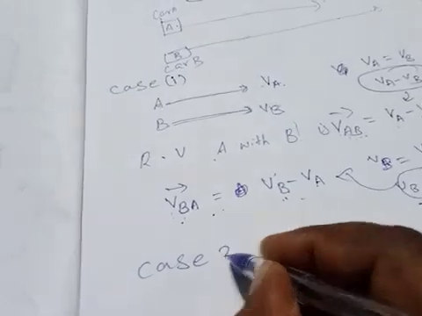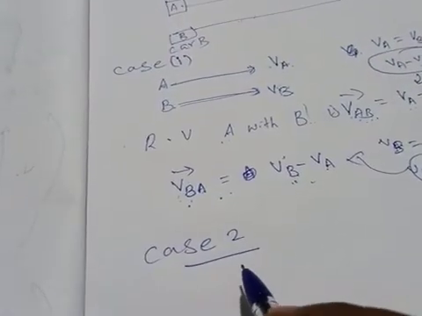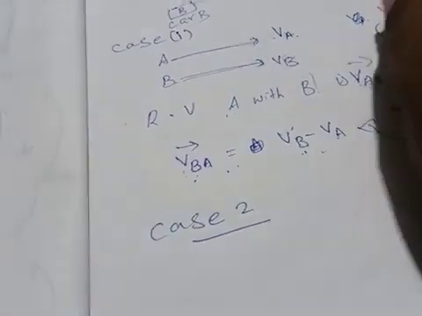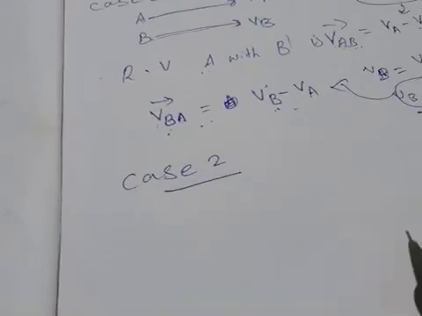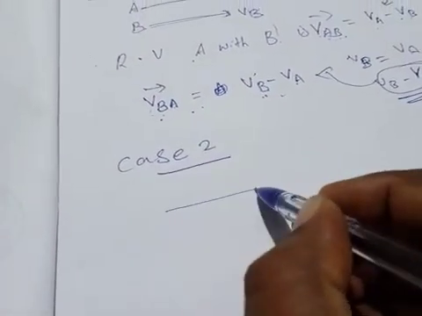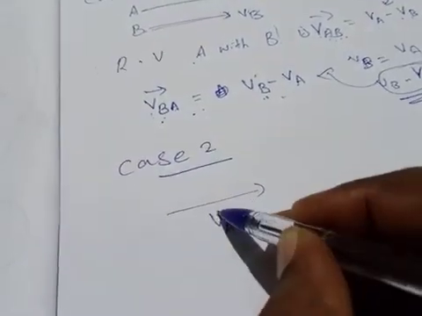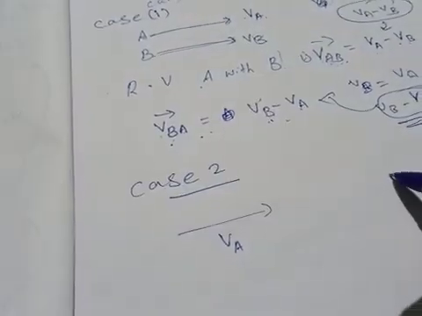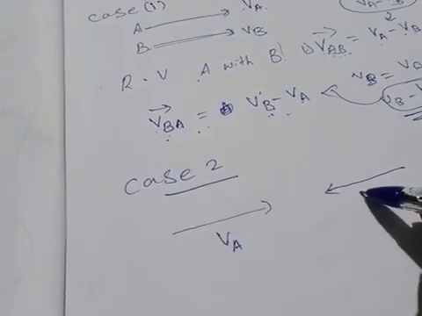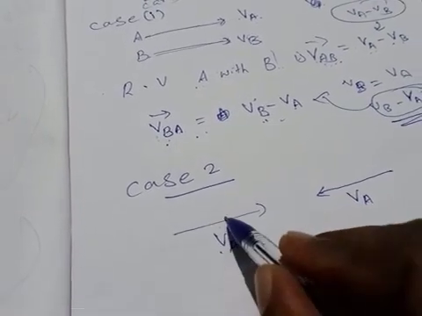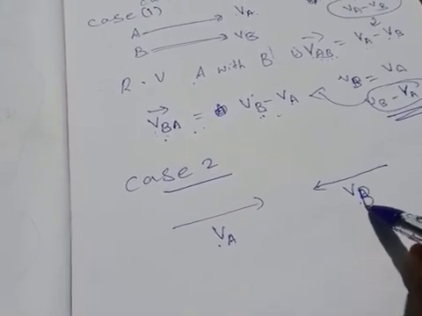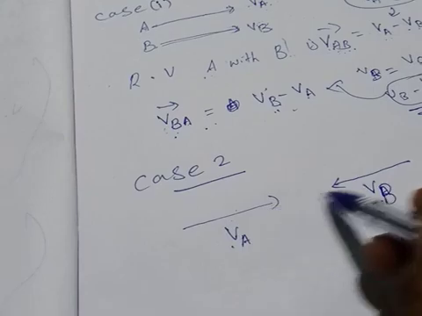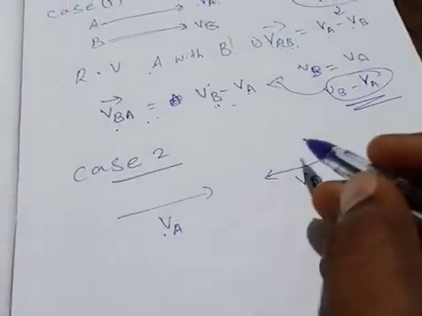Assume that two objects are moving with uniform velocity along the same track, but in the opposite direction. Object A has velocity VA, and object B has velocity VB. Both are moving on the same track, but in the opposite direction.